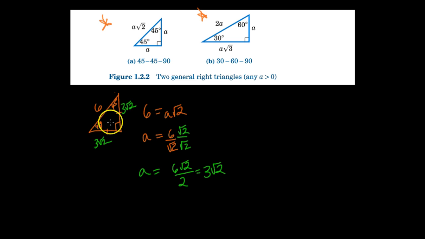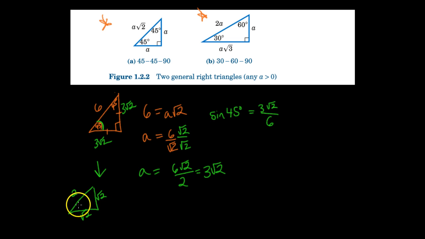Notice a similar triangle to this: if I decrease these by a factor of 3, dividing everything by 3, what do I have? I have 2, root 2, and root 2. So do you see that the sine of 45 degrees, using this 45 degrees, is the opposite, 3 root 2, over 6 from this triangle.